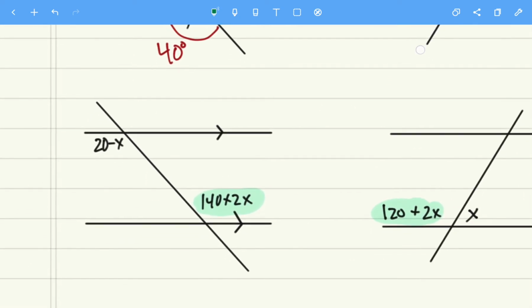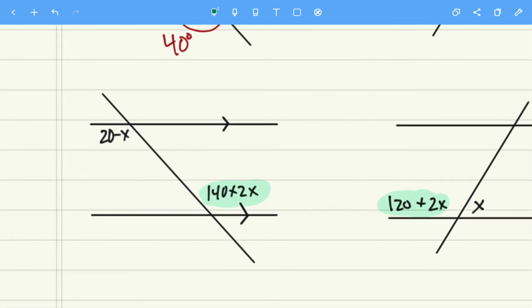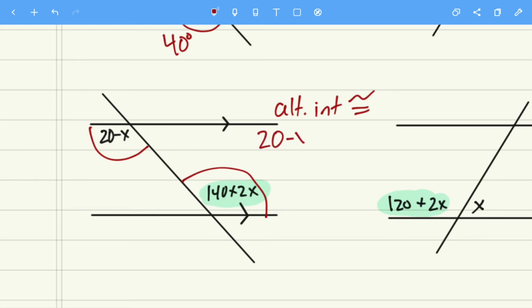Now these next two examples do have some variables in them, but we could treat them exactly the same way. So we have 20 minus x and 140 plus 2x. These are alternate interior, which means they are congruent. So I can set them equal to each other. So 20 minus x equals 140 plus 2x. I'm going to go ahead and add x to both sides.